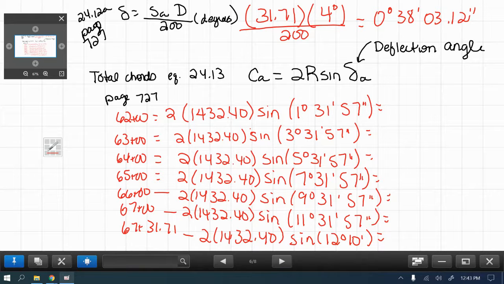So this is going to give me my total chords. And I'm going to start punching them in. I'm going to do the first one at 62.